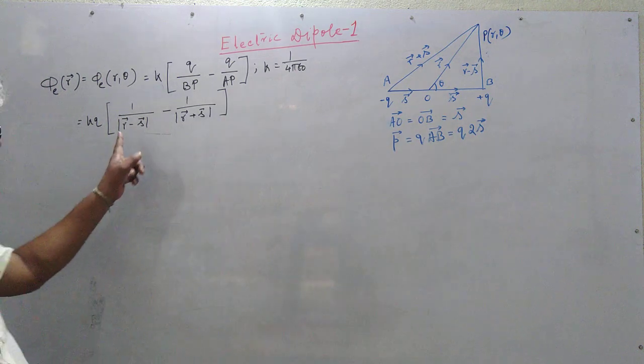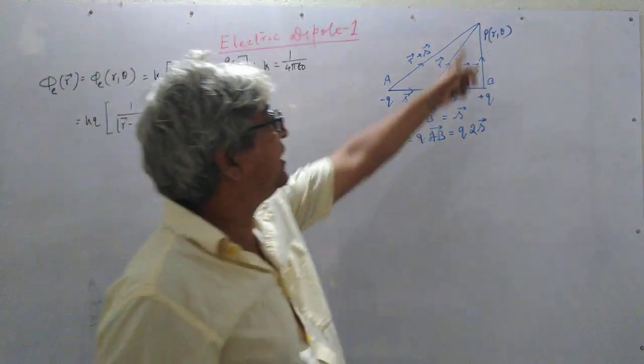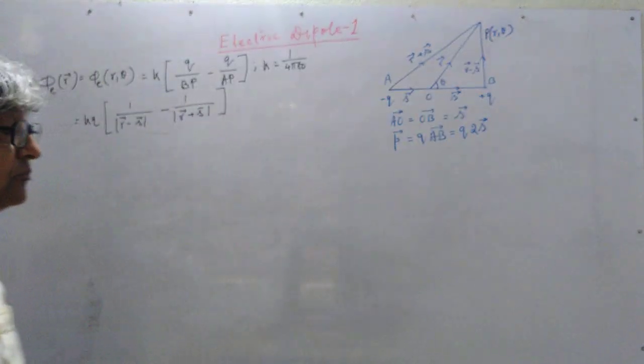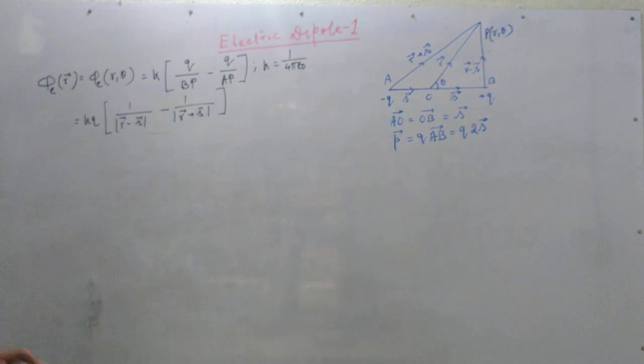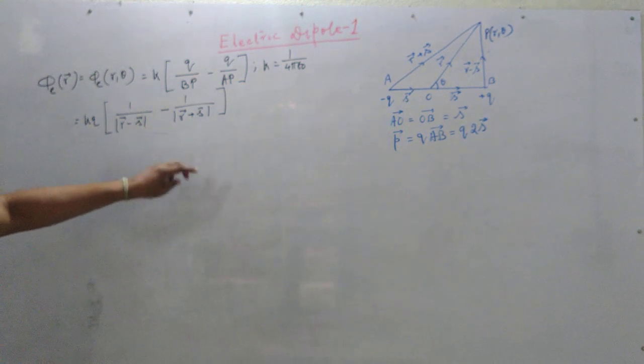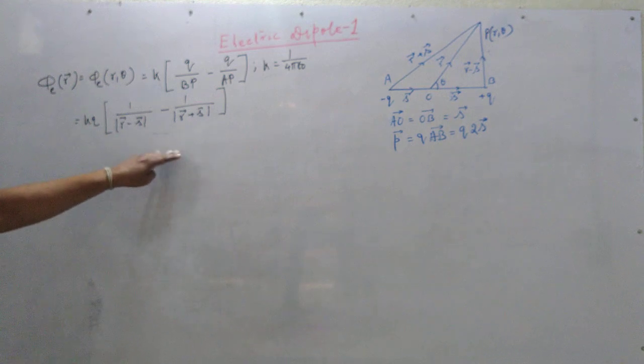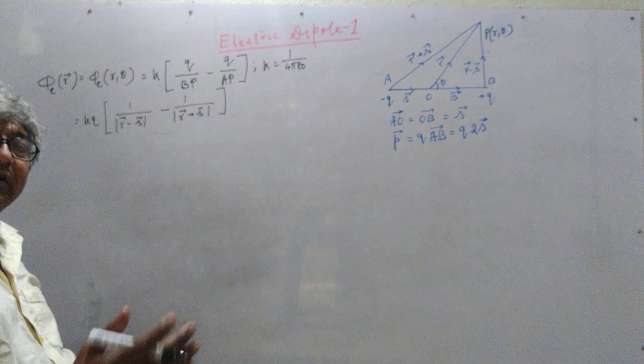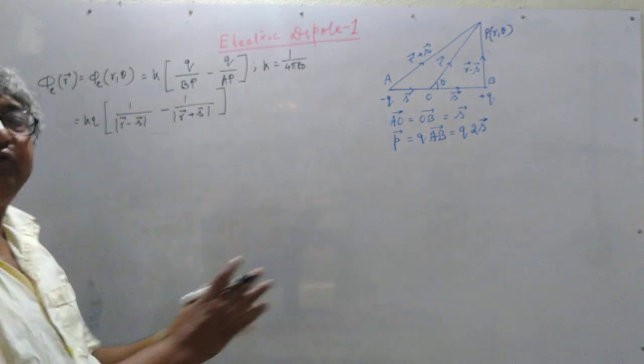Now since r is much greater than s, by the assumption in the definition of a dipole, we can expand these two in a binomial series in powers of s by r, and since s by r is very small, it is sufficient to keep up to the first order term.